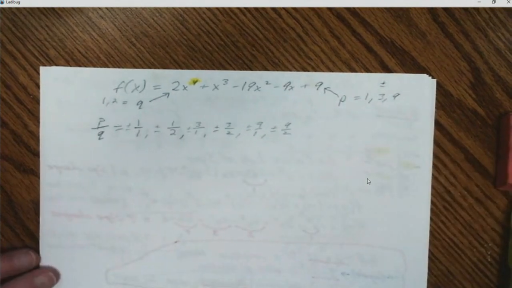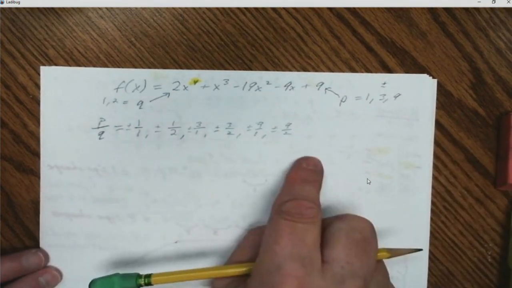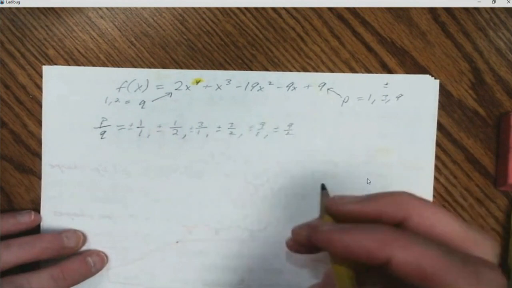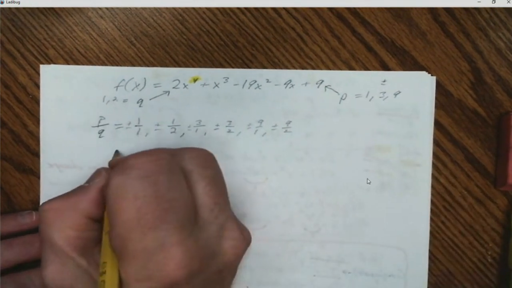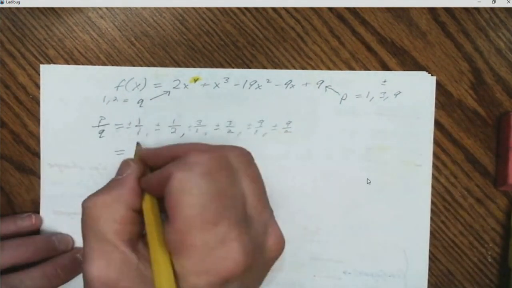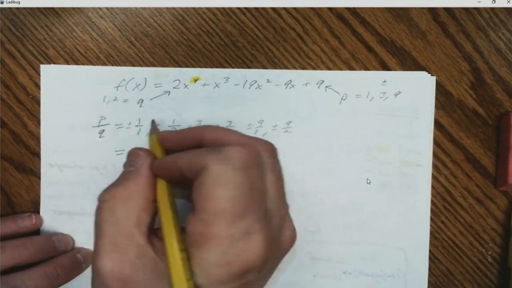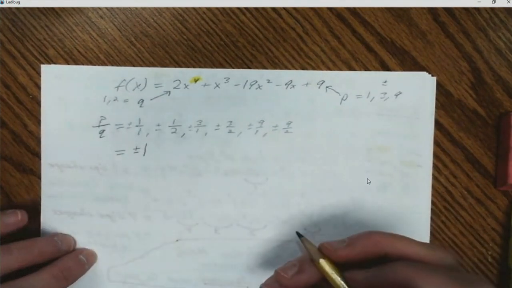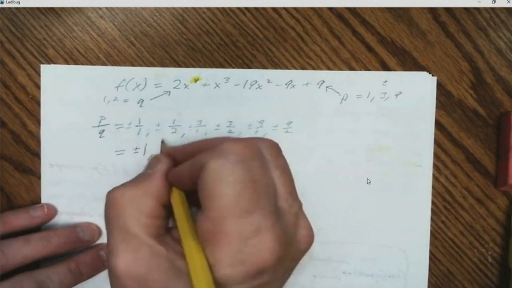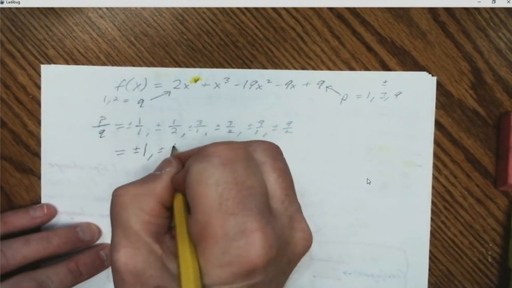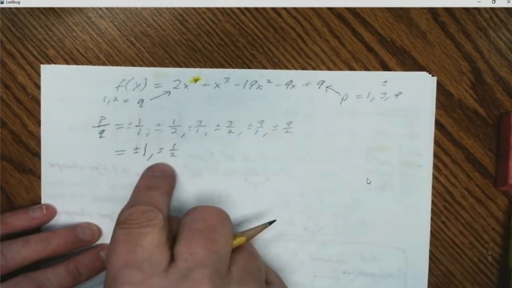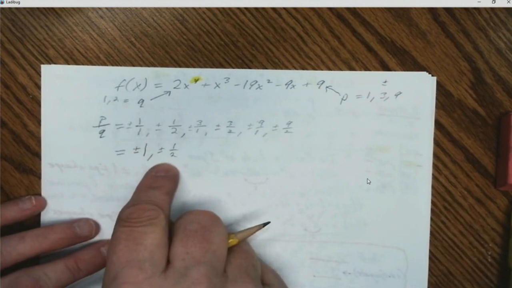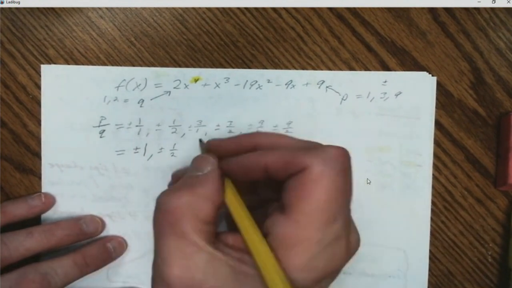So the possible rational solutions to this equation, let's simplify this. Plus or minus 1 over 1 is just 1. Plus or minus 1/2. See, it'll even tell us if there's possible fractions. 1/2 could be a solution.